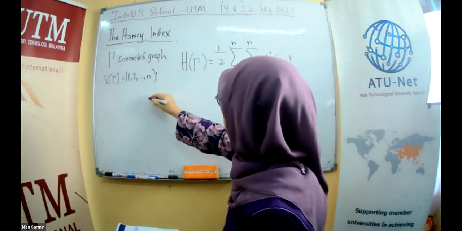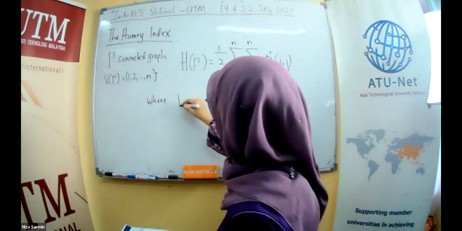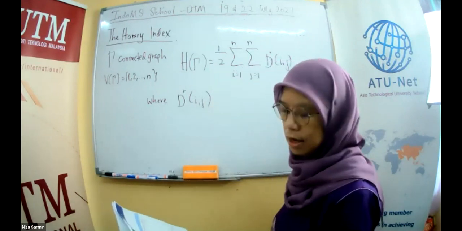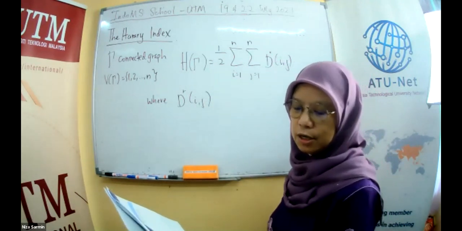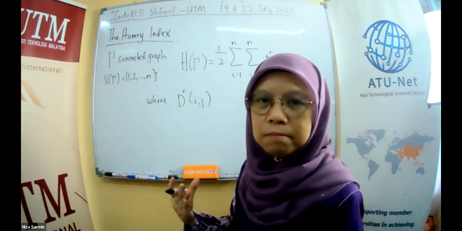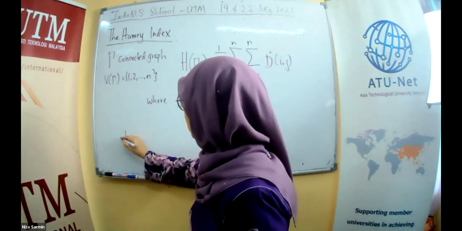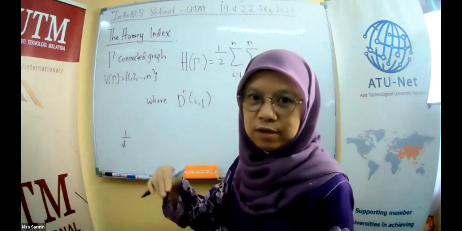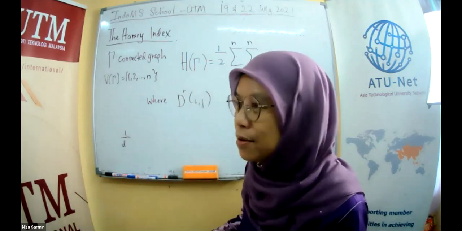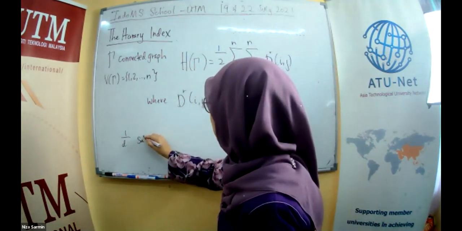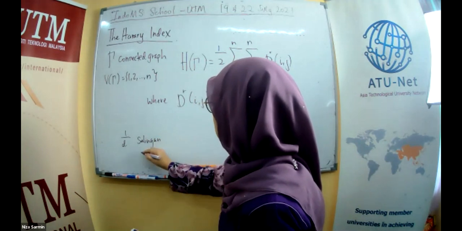So the rij is actually the reciprocal. In Malay, we call it salingan, 1 over. Reciprocal, 1 over. Balikan. Inverse. Salingan, balikan.